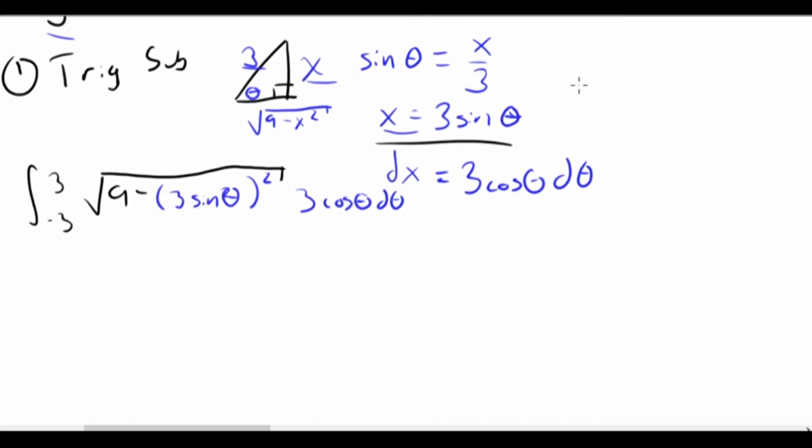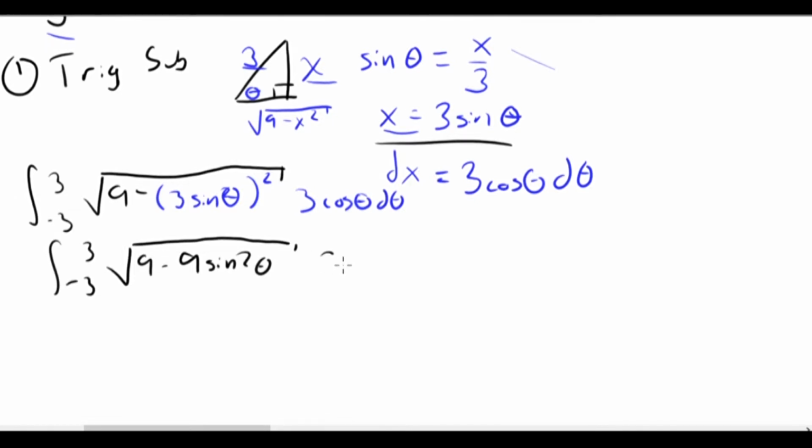From there, we can square this. So the integral from negative 3 to 3 of the square root of 9 minus 9 sine squared theta, all of that under the square root, and then times 3 cosine theta d theta.